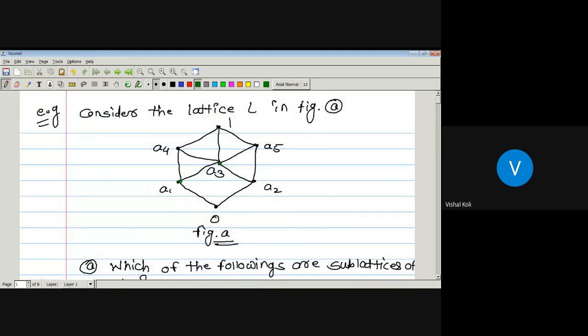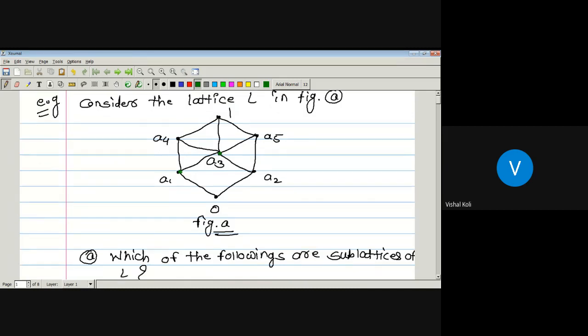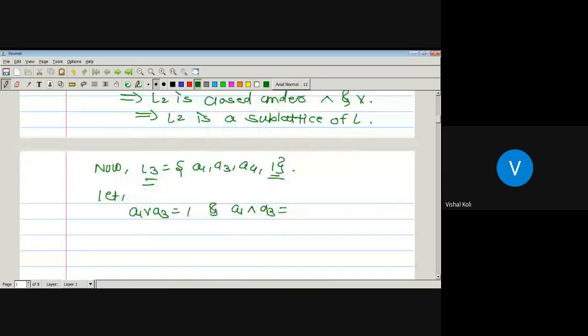What is the meet of A1 and A3? A1, which is A1, and A1 is again a member of that one. So both 1 and A1 are members of this lattice. Now, what is A1 join A4? Which is A4. And A1 meet A4, which is A1. Again A4 and A1 both are members of L3.